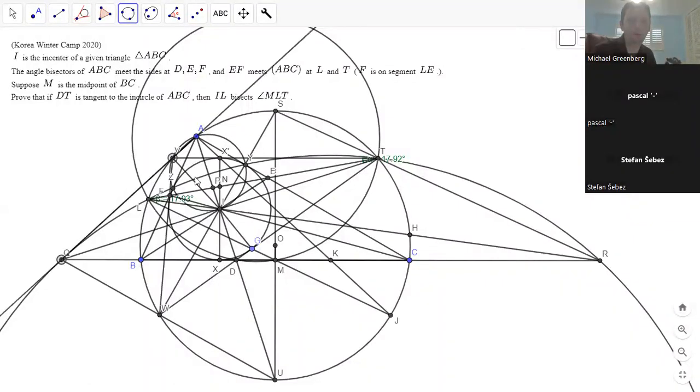So we know a lot about point Q and the Sharky-Devil configuration, right? This is cyclic, it's tangent to AU.